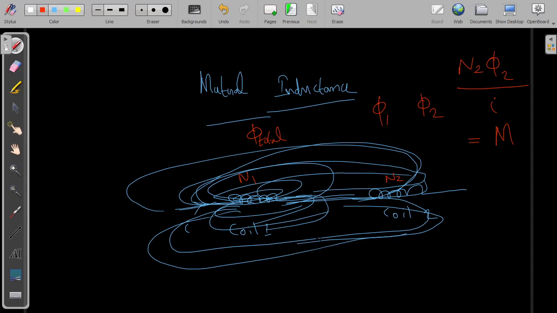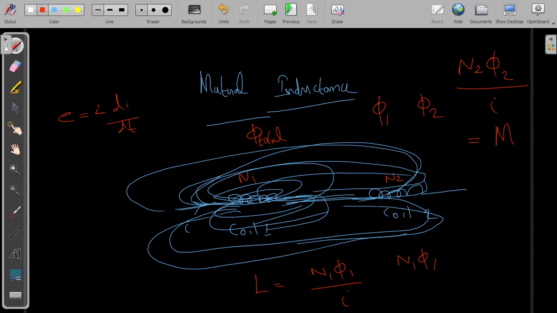Then the total flux linkage associated with this coil 1 will be N1 phi 1, and the self inductance of the coil 1 we will get as L is equal to N1 phi 1 divided by I. And the induced EMF will be E is equal to L di by dt.